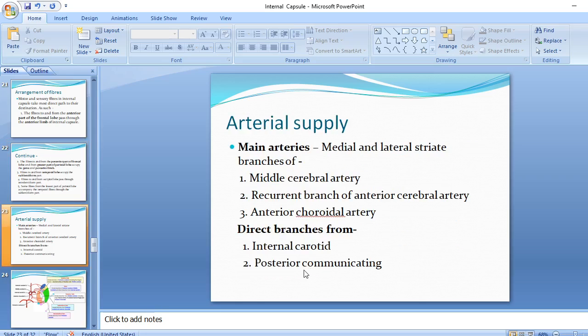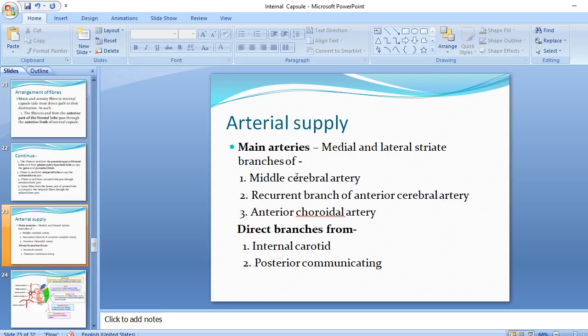Arterial supply. The arterial supply of the internal capsule is of utmost clinical importance. The main arteries which supply the internal capsule are the medial and the lateral striate branches of the middle cerebral artery, the recurrent branch of the anterior cerebral artery, and the anterior choroidal artery.